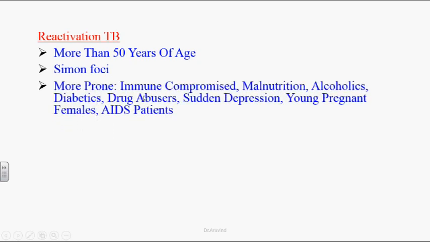More prone people are immune compromised, malnutrition patients, alcoholics, diabetic patients, drug abusers, suddenly depressed patients, people who have had a sudden spouse loss or death, young pregnant females, AIDS patients. In all these patients, we can see the reactivation of Simon foci, which can lead to reactivation tuberculosis.